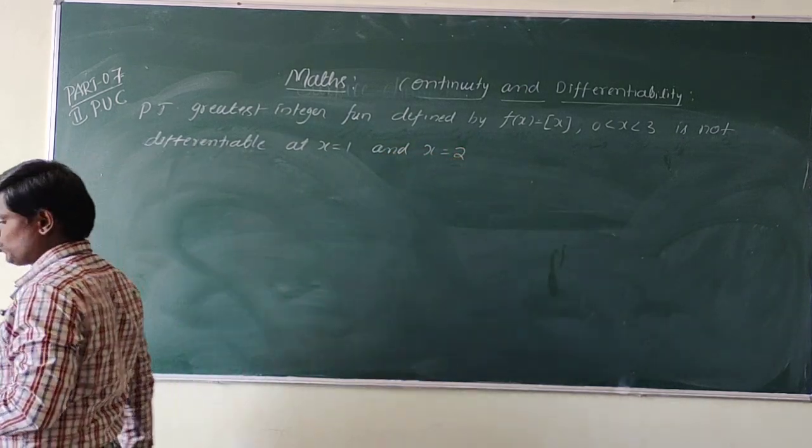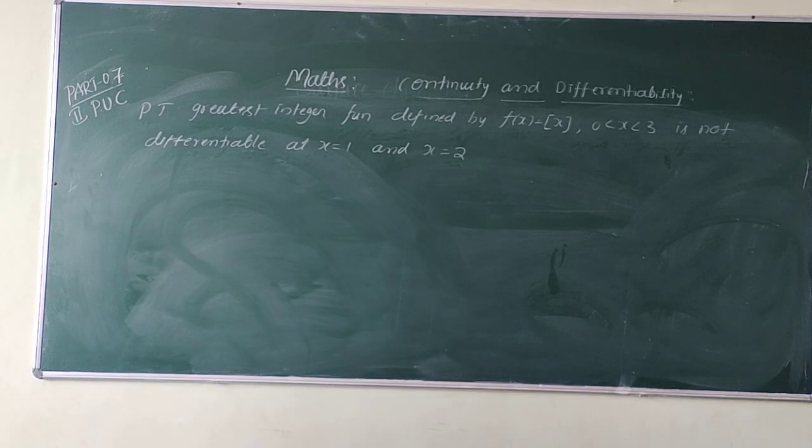Okay, so we are going to prove that the greatest integer function is not differentiable at x = 1 and x = 2.